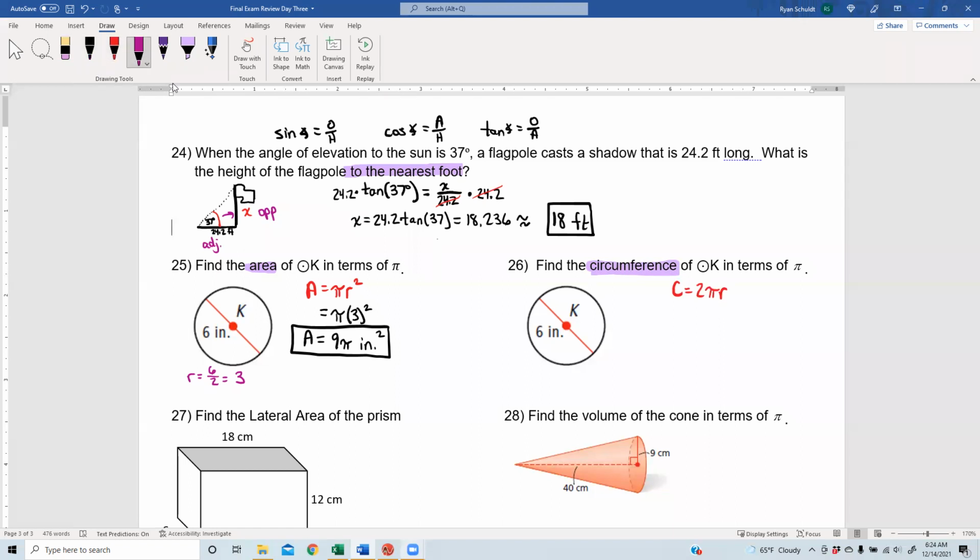We already said it's the same circle K as 25. We already said the radius is 3. So let's go on and plug that in. 2 pi times 3. It's going to get us 6 pi inches. That's our circumference.